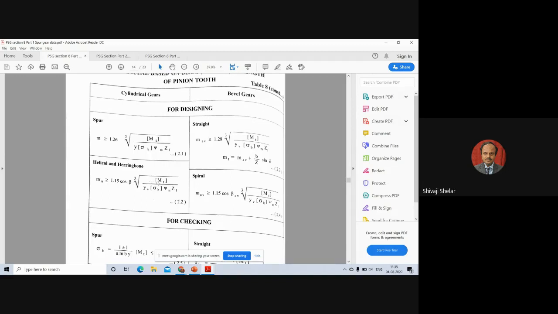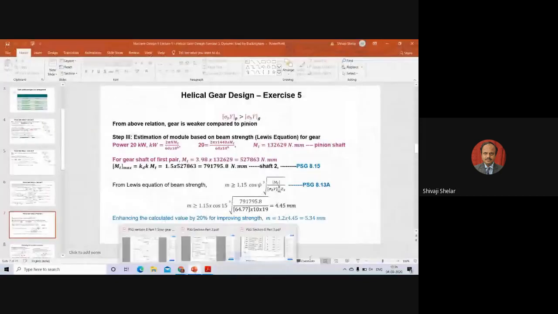Then cube root of design torque value here, sigma B Y here, Y will be for virtual number of teeth, that is capital Y here, and psi m, that is b by m ratio here, and into z1 here. So psi m is taken as around 10. That b by m is normally taken as 10. So psi m is nothing but b by m. So the same formula with small modification I have written in the presentation. This is available on page 8.13a. So this is the formula for helical gear design, initial module calculation. Let's go back to the design presentation.